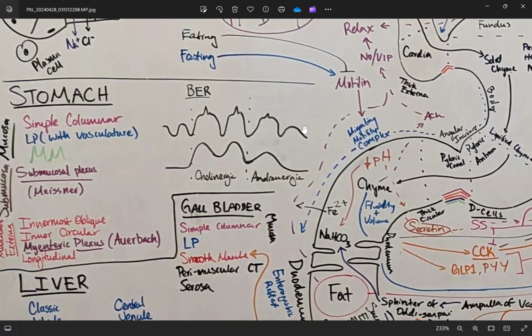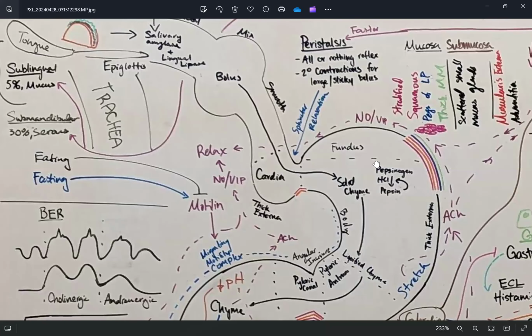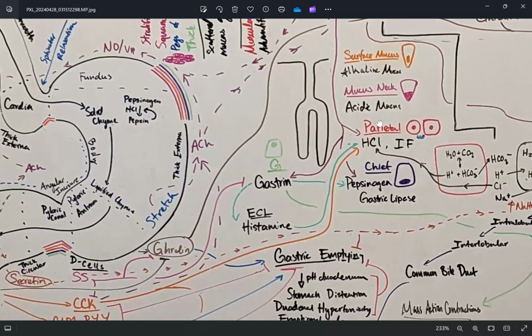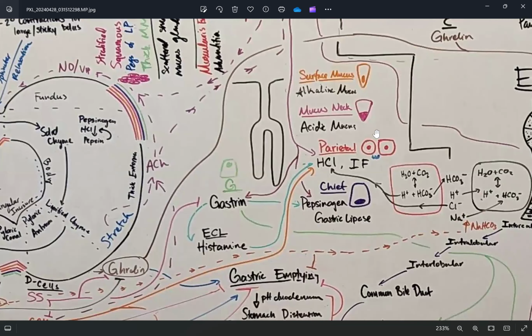Again, going back into the histology of the stomach. If we go to here, I've drawn a gastric gland where you have different types of secretory cells depending on where you are in the gland. They're all scattered throughout, but they tend to hang around their favorite area. Near the surface, or the opening of the gland, you have your surface mucus cells, which secrete alkaline mucus.